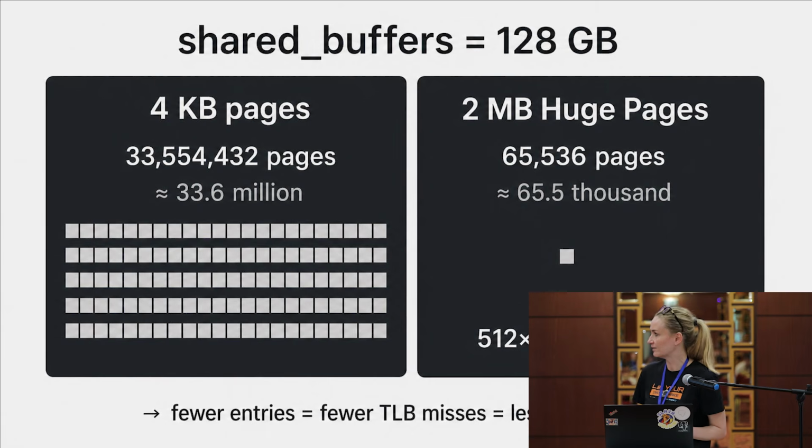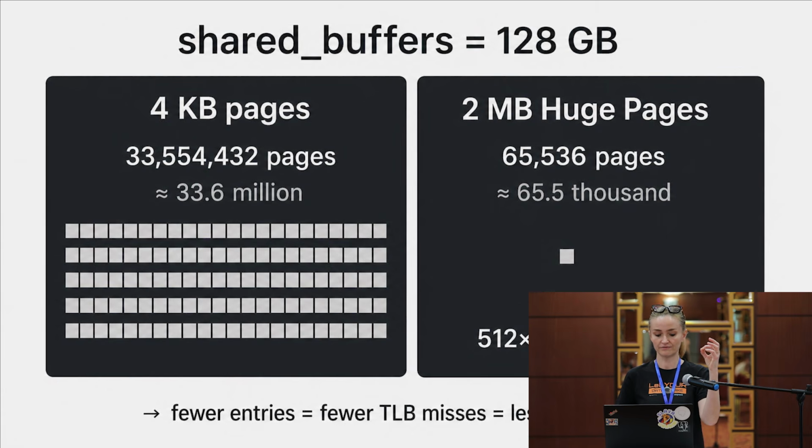If we recalculate, this will be around 33 million operating system pages. A lot, right? So we need to keep all those translations in our page tables and only part of them in the TLB. But when we change the size from 4K to 2 megs, then suddenly we need 65,000 of them, not 33 million. So the ratio is really huge.